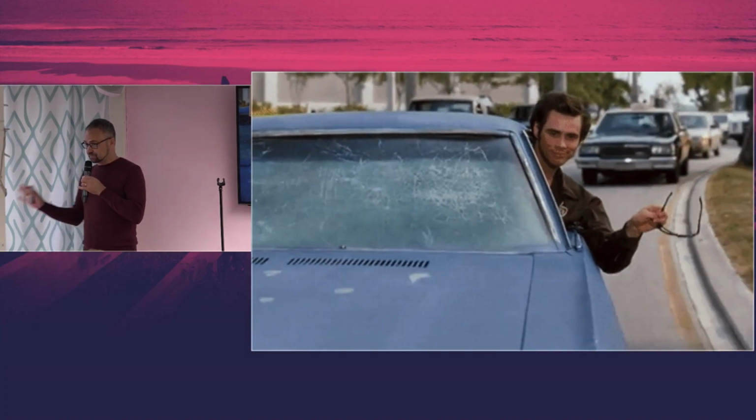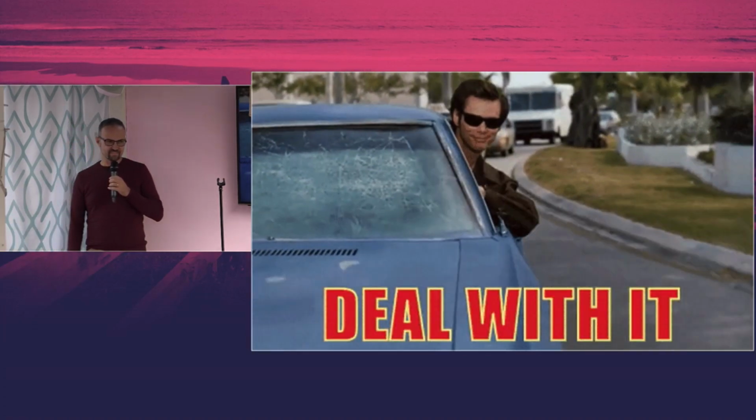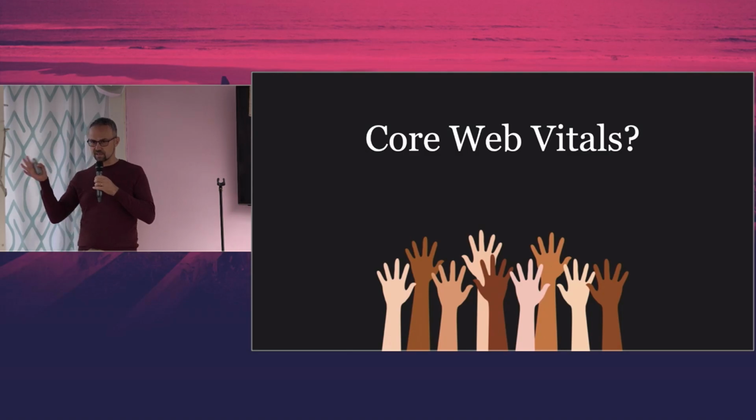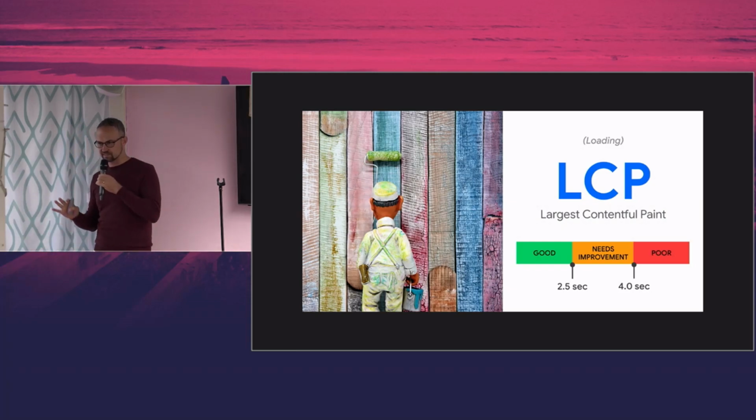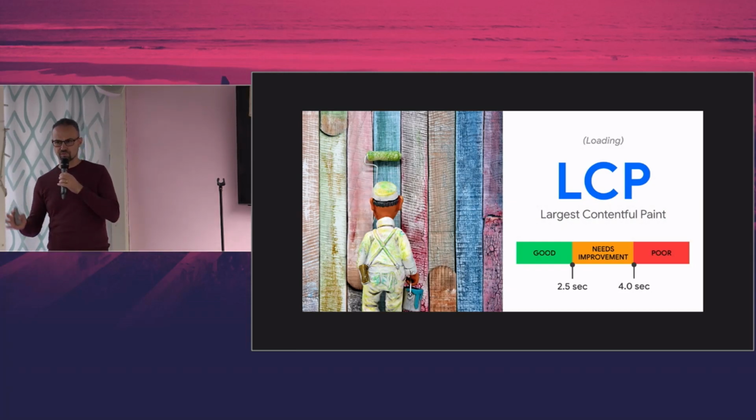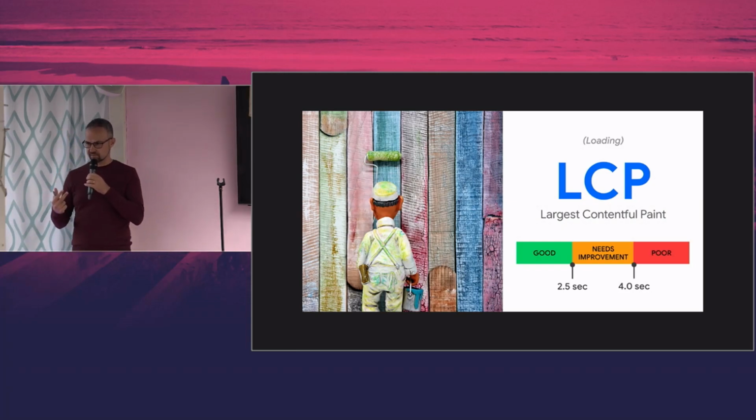So on a slightly different topic, hands up, who knows what Core Web Vitals are? Like a handful. Okay. So in 2020, Google came out with three indicators that, let's say, help understand how your website is doing.